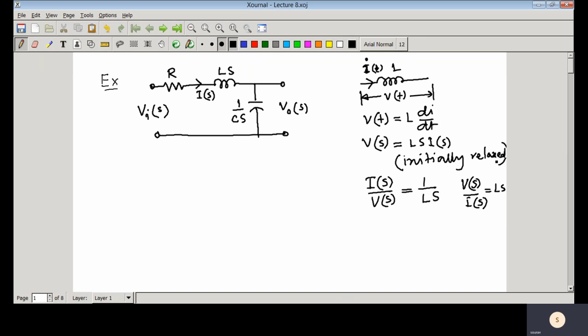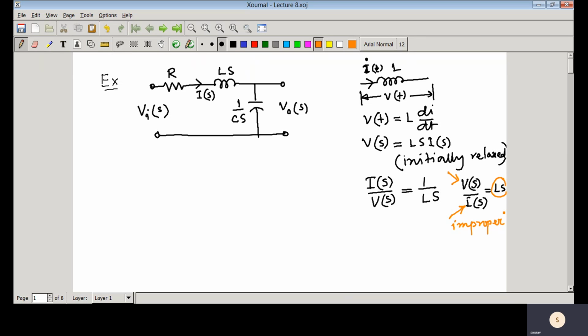So if you take the input as current and output as voltage, you have the transfer function Ls, which is improper. And we have already discussed that an improper transfer function cannot be realized physically.